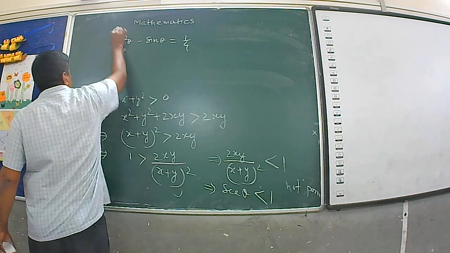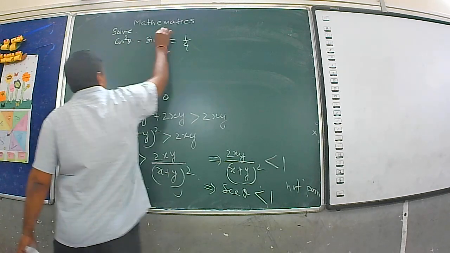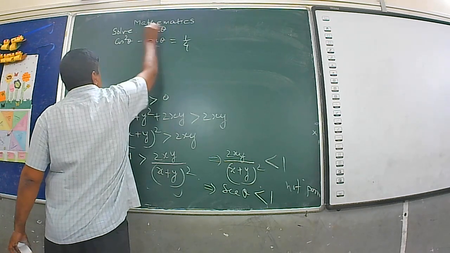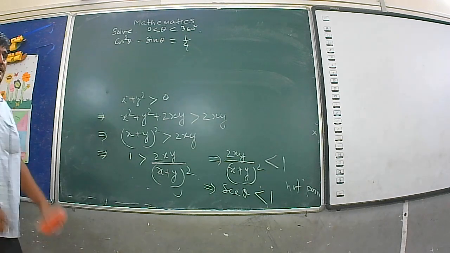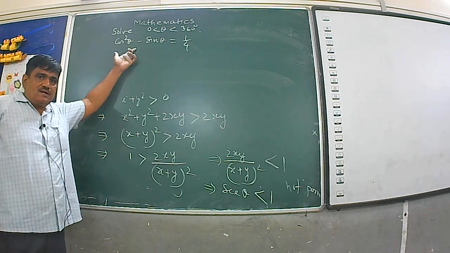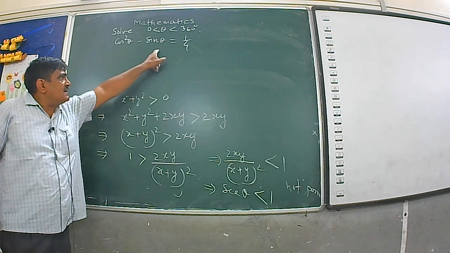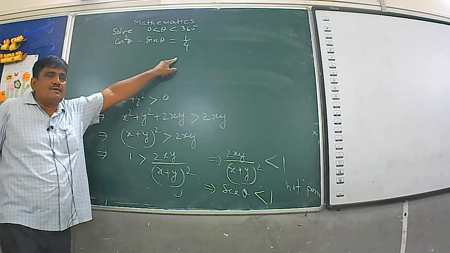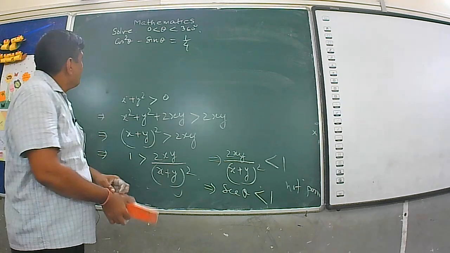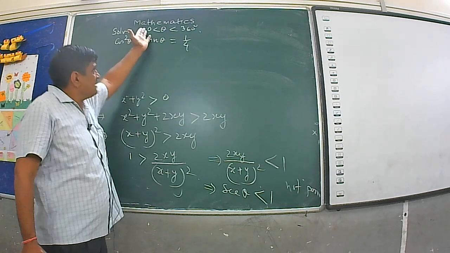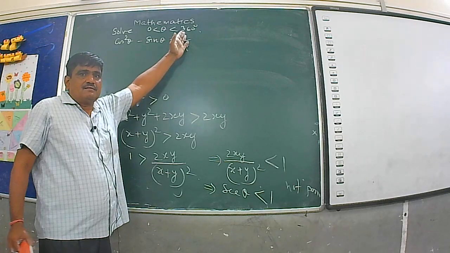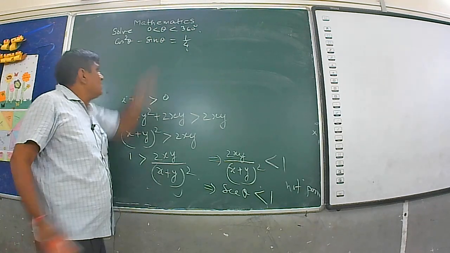Solve the equation, if theta lies between 0 and 360 degrees. The question is cos square theta minus sin theta is equal to 1 by 4. Solve the equation means find out theta, if theta lies between 0 and 360.